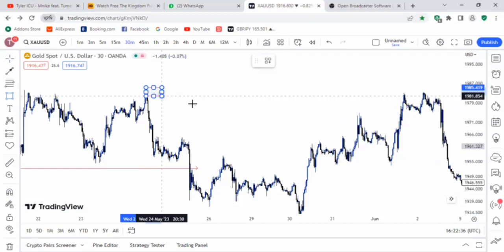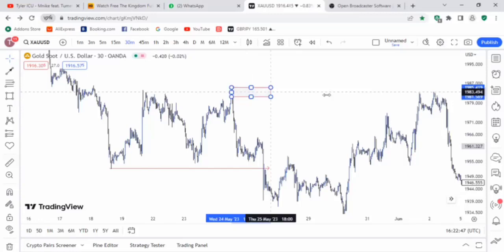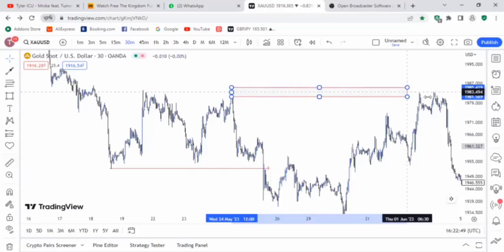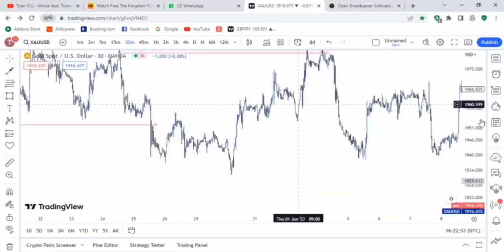This one. See, the market mitigated our order block and pushed down. Break of market structure, order block, then the market pushed down.